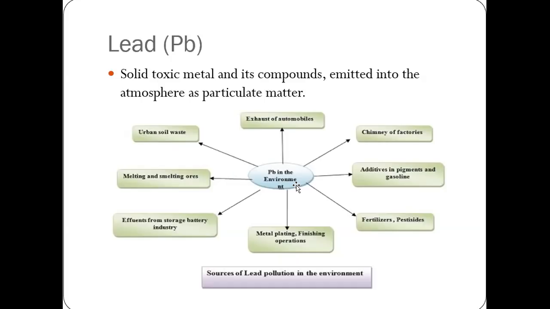They also use lead in the process. Effluents from the storage battery industry. Our batteries contain lead. That is the reason why the majority of battery manufacturers are removing lead as part of their manufacturing process.